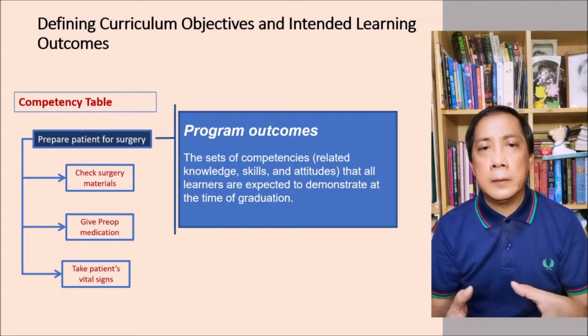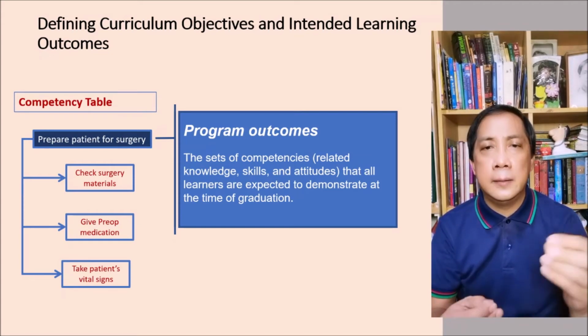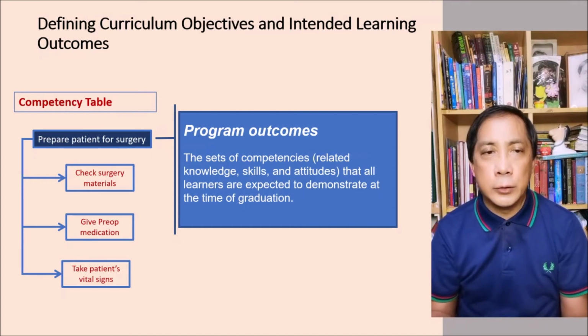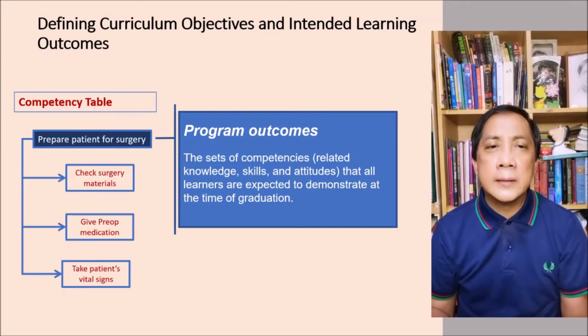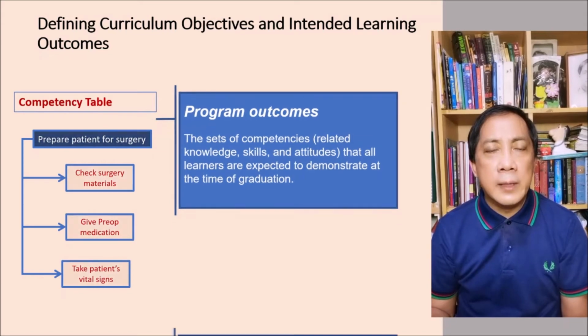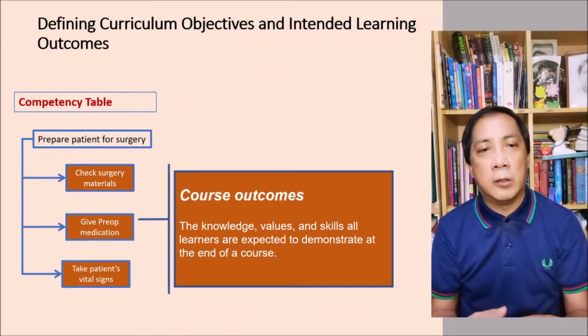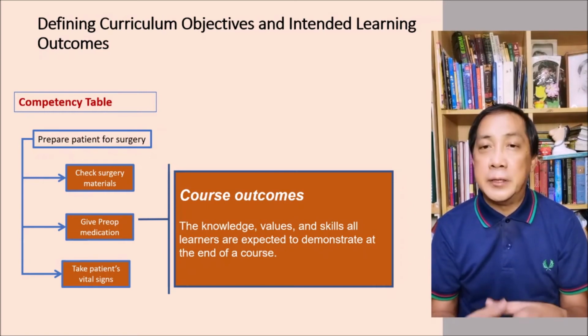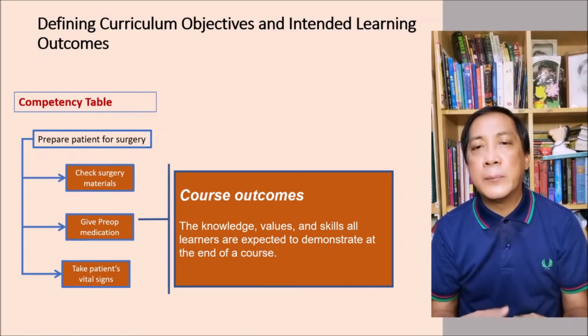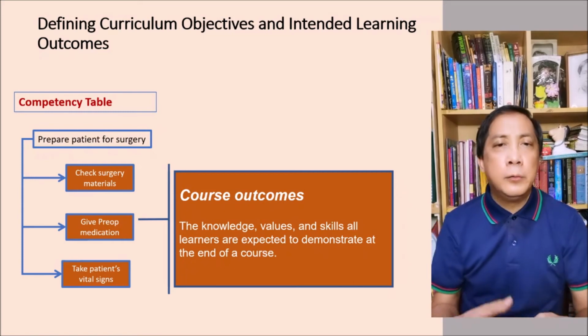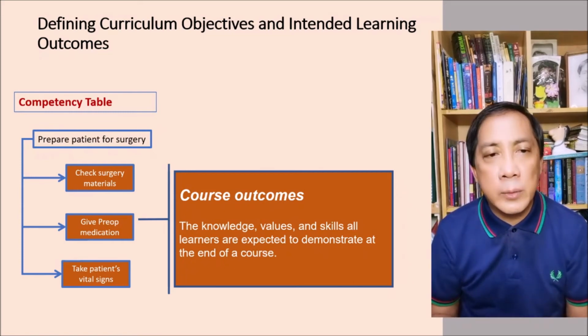So we can look at this statement, the highest in the statement of the task analysis, as your terminal competency. But to be able to do that, of course, you need the course outcomes. Probably we'll have a course on surgical instruments, types of instruments, when to use the instrument, how to take care of the instruments.